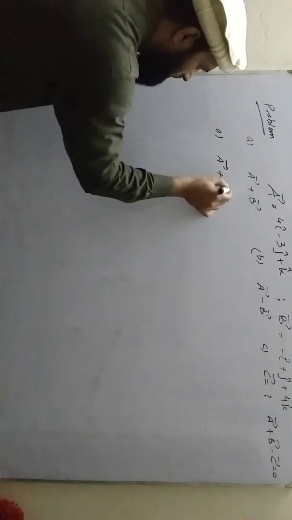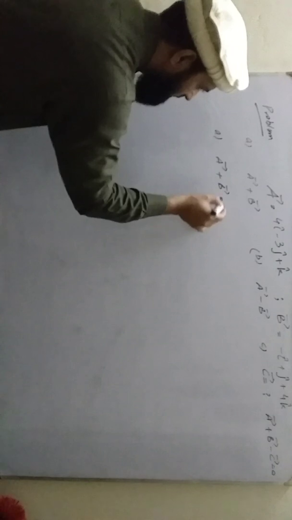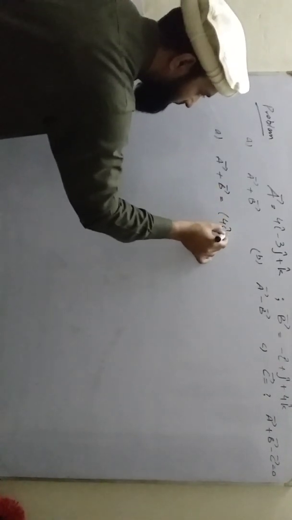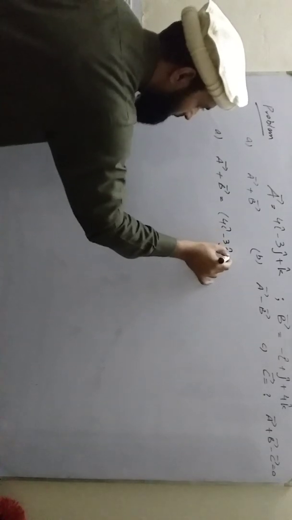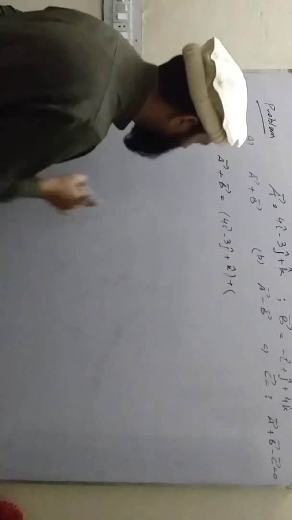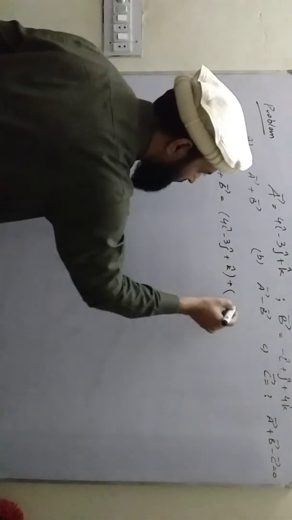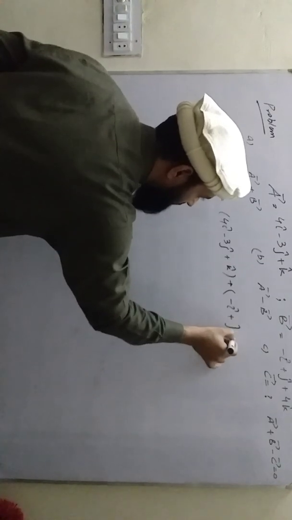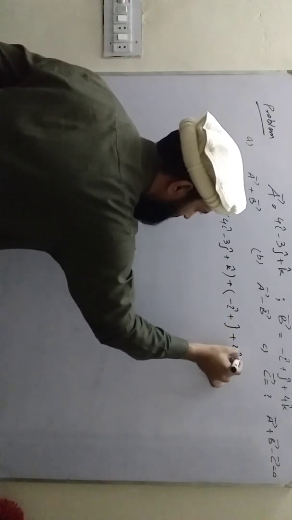Firstly, we find the part A plus B equals, just put the value of vector A, which is 4i minus 3j plus k, plus, after the plus sign we put the value of vector B, minus i plus j plus 4k.